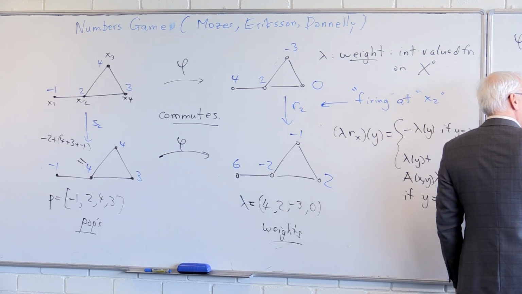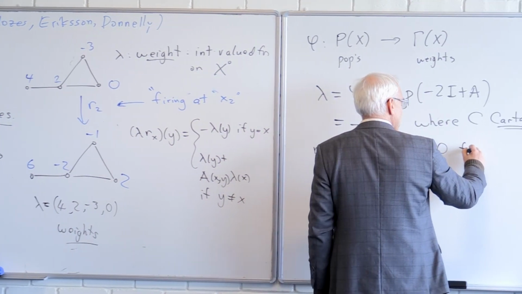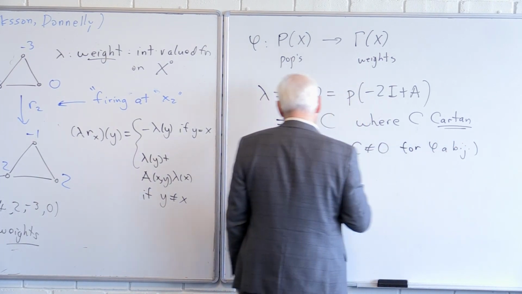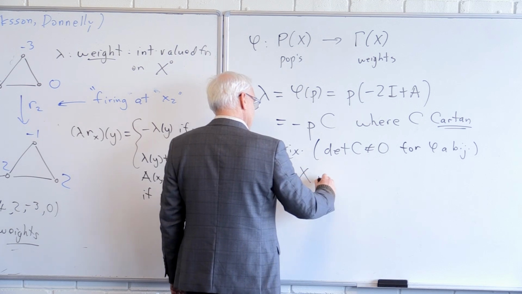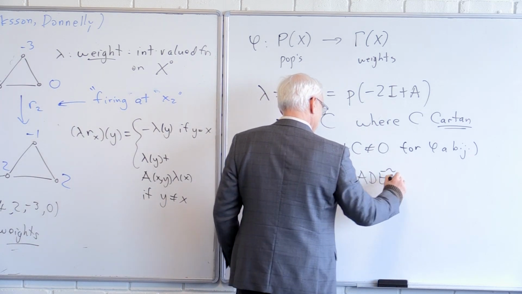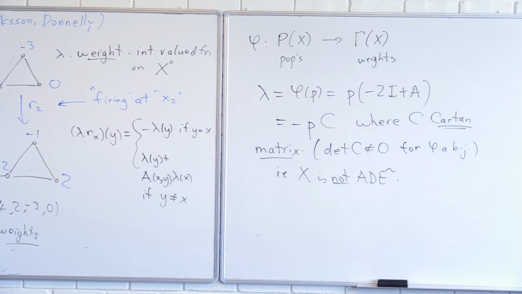We require the determinant of C not to be equal to 0 for there to be a bijection, a phi bijection. That means, i.e., that the graph X is not ADE tilde. So this correspondence doesn't quite work with the ADE tilde graphs because of the existence of the Perron-Frobenius vector, but otherwise it works perfectly and gives us a correspondence between populations and weights.